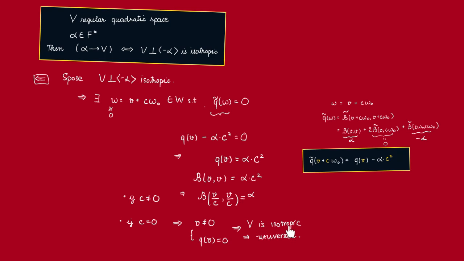This means that V is isotropic. But we know that isotropic spaces must be universal because they must contain the hyperbolic plane. So V is universal. That's even stronger, because if V is universal, it represents everything, so in particular, it represents alpha. And thus we see that V represents alpha if and only if this direct sum is isotropic.